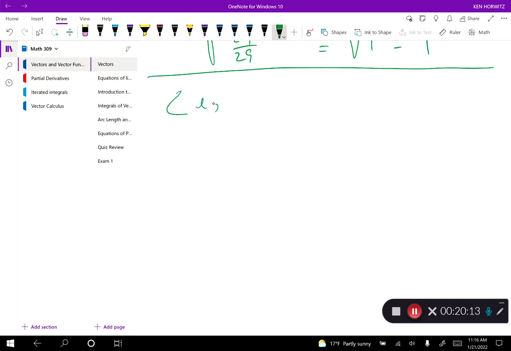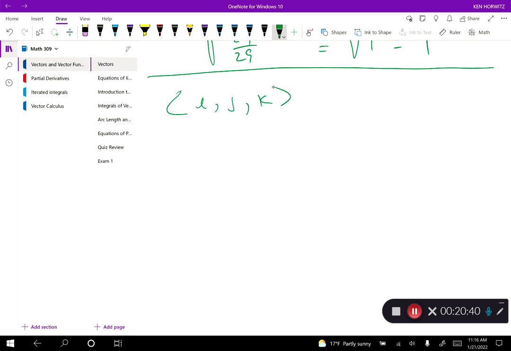So, for example, i, j, and k. The i would be, let's say, the x direction on our coordinate plane. j would be, in a sense, the y direction, and k would be the z direction if we had a three-dimensional coordinate plane.